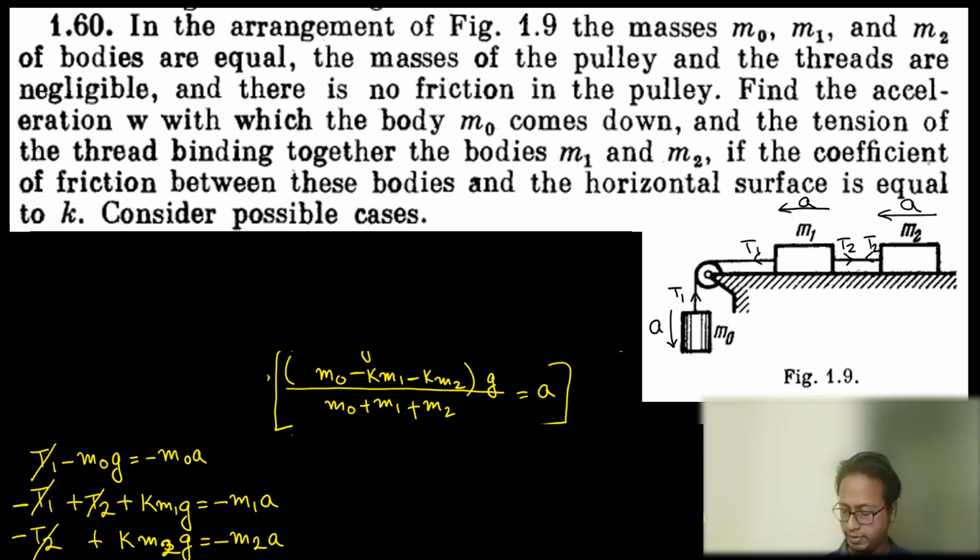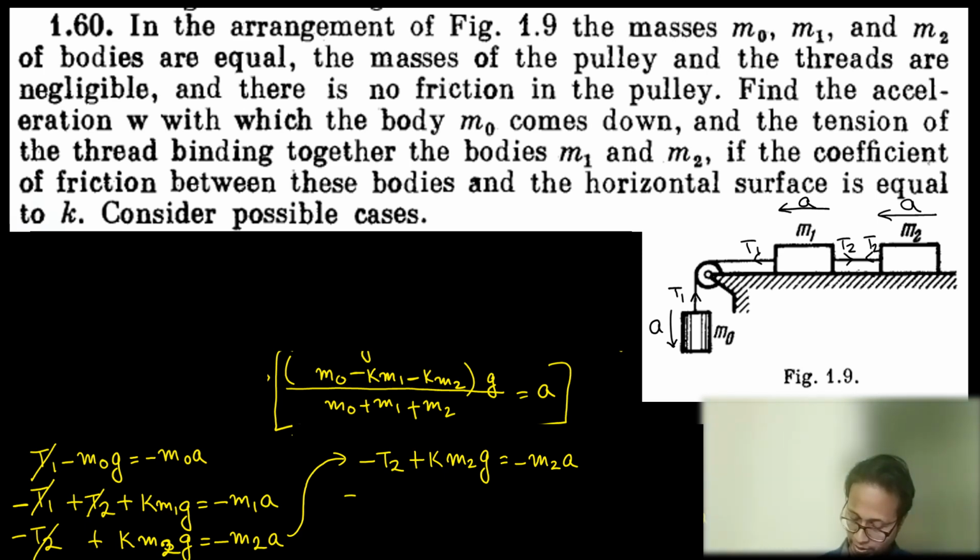Okay, now we have obtained the value of acceleration in terms of k and masses. Now out here we need to find the value of T2. The value of T2 can be obtained by using this equation. So if I use this equation, minus T2 plus k m2 g, or k into m2 g, is equal to minus m2 a.